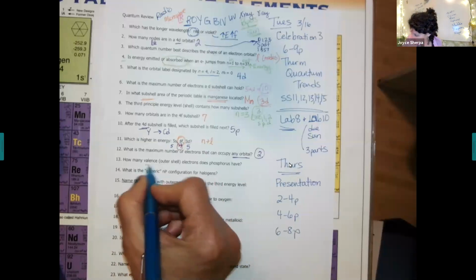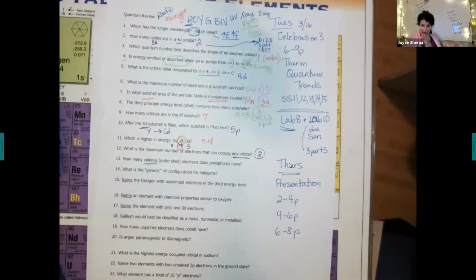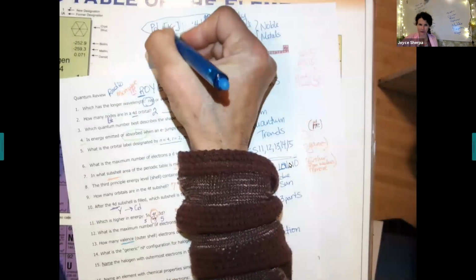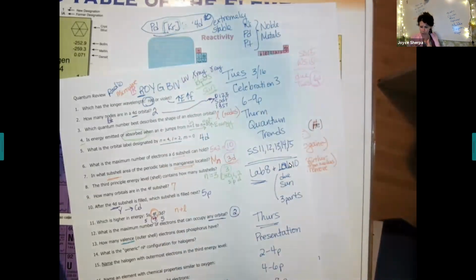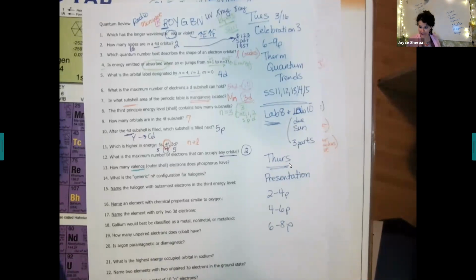All right, valence electrons are the outer electrons. So the core electrons, when we were drawing orbitals, that's what these, the krypton or the argon, those represent core. The core electrons are not involved in chemical reactions. Valence electrons are the ones that are chemically reactive. So it is anything after the noble gas.